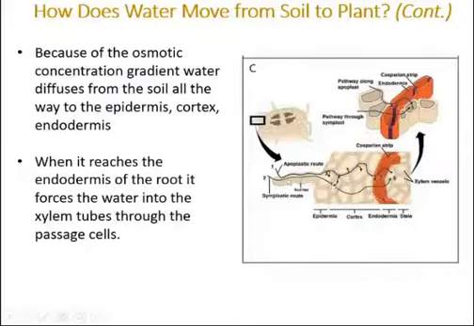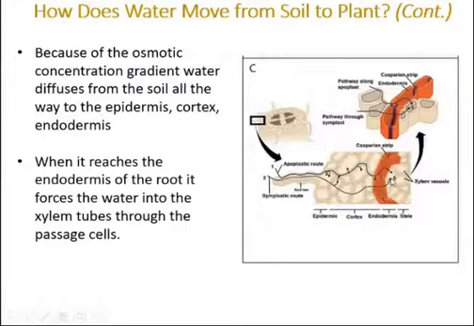It moves from the root to the epidermis, cortex, and then the endodermis. Once it reaches here, it moves into the xylem tube through the passage cells.